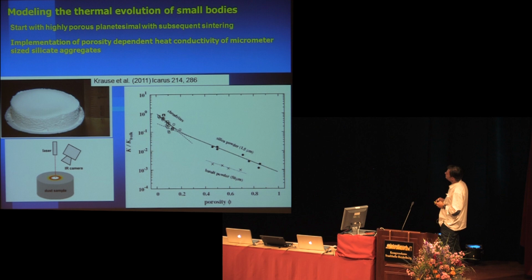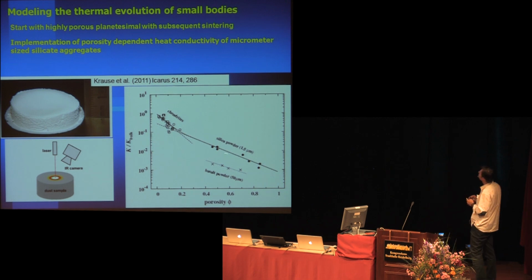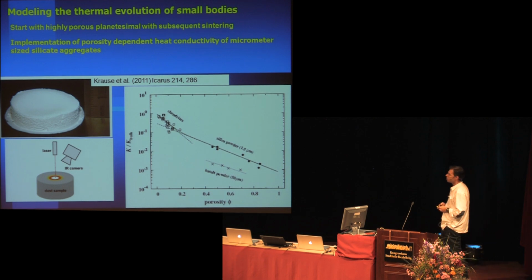Now, the heat conductivity measured in such a sample is not very easy, but in this case it was performed by laser heating, and the heat propagation in the dust sample was monitored by an infrared camera, and so it was possible to model the heat conductivity for silica powder with individual powder spheres having sizes in the order of 1 micrometer. And this bridges the gap to chondrites, because chondrites are also slightly porous rocks, but their porosity is not larger than, let us say, 20%, because these are already compacted rocks.